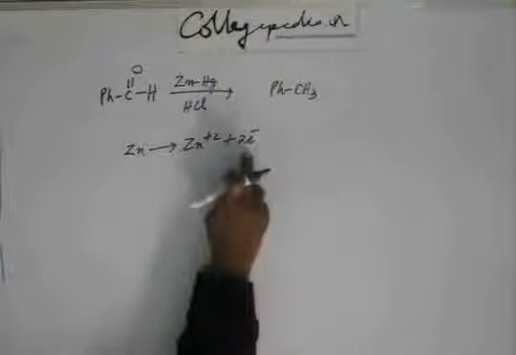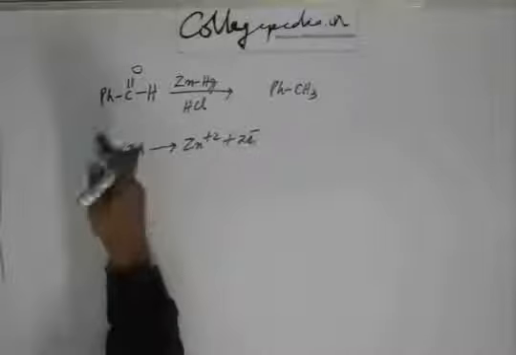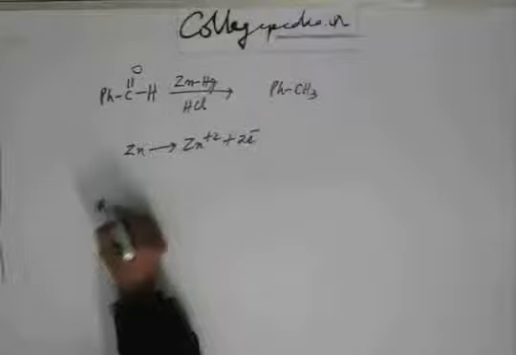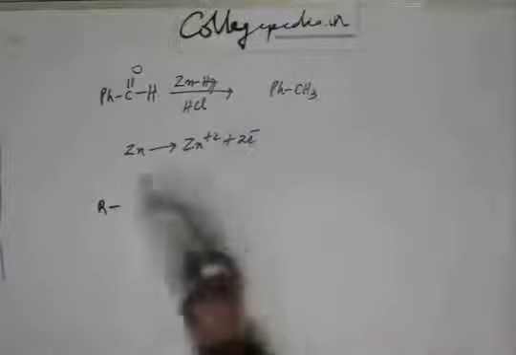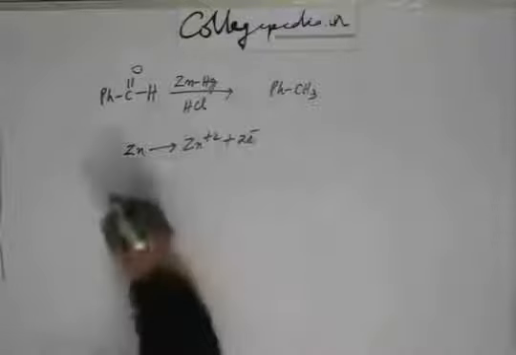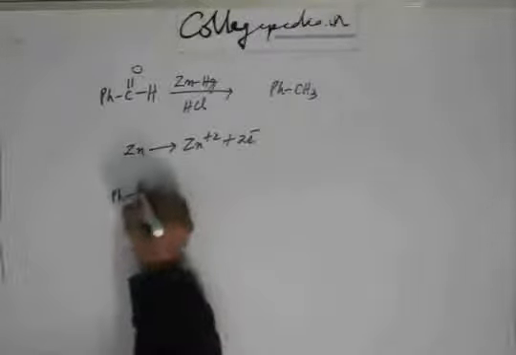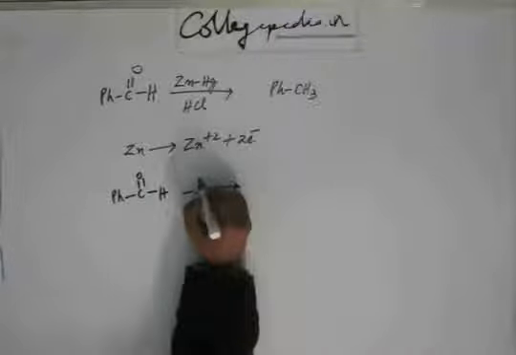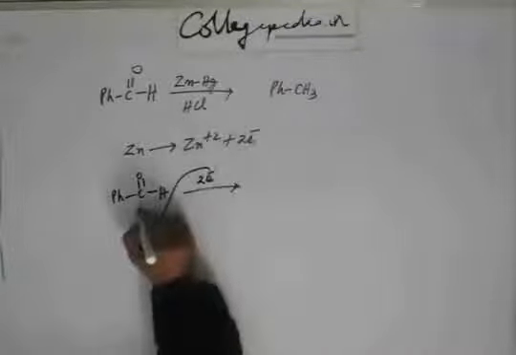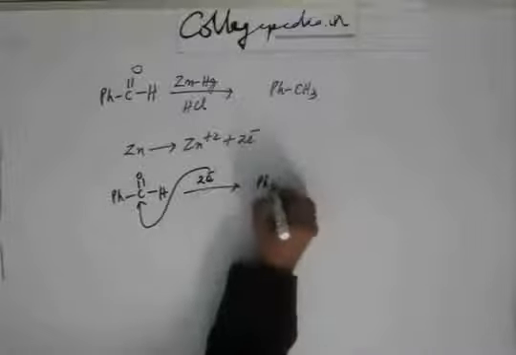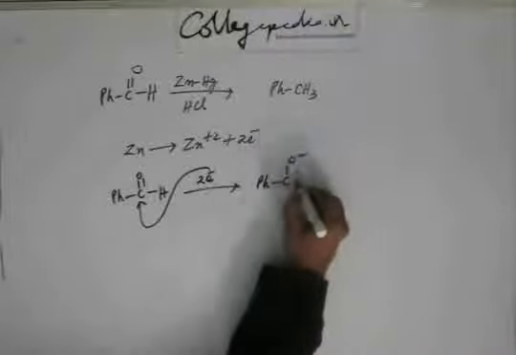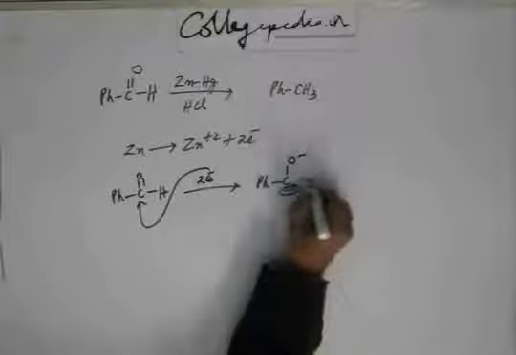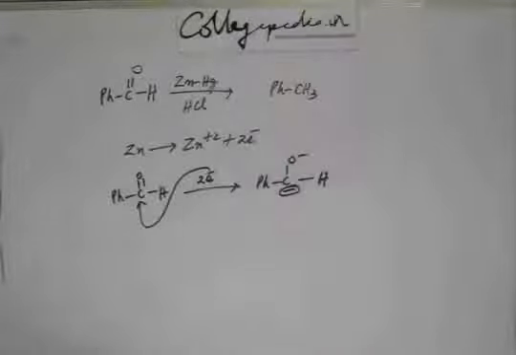So these 2 electrons are going to go into the antibonding, and this is what we are going to get.